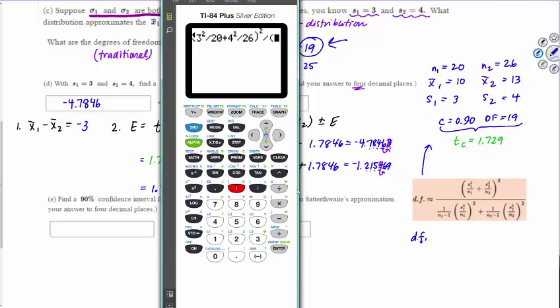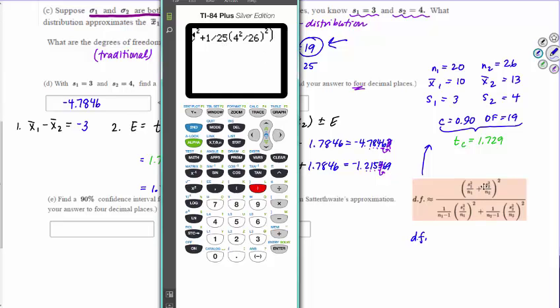And we want to divide by a whole bunch of stuff down here, so open a parenthesis, and 1 divided by 1 less than the first sample size, so 19, times the standard deviation of the first sample, 3 squared divided by the sample size 20, and that whole term itself is squared, plus 1 divided by 1 less than the second sample size, which is 25, times the standard deviation squared divided by the sample size 26, and that whole term squared, and that completes the denominator. So that's quite an ugly thing.